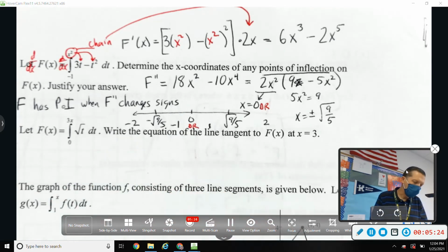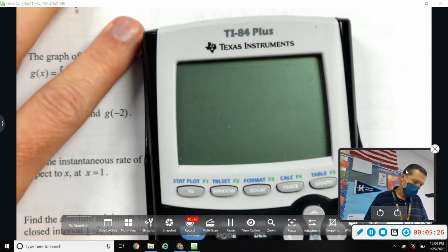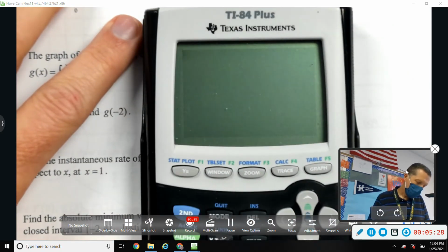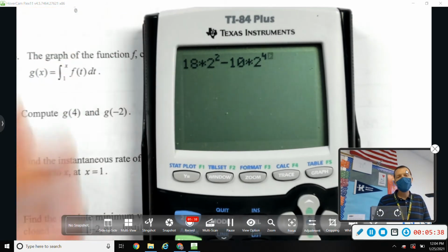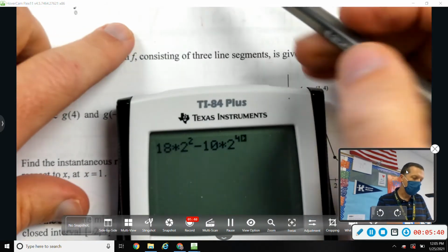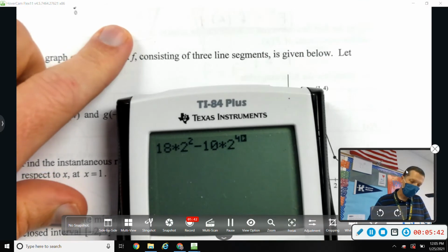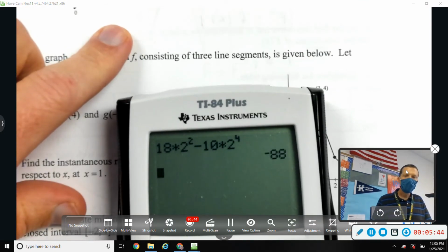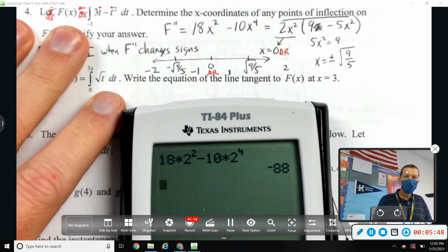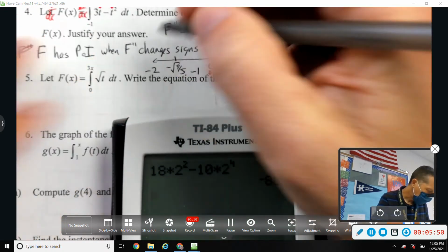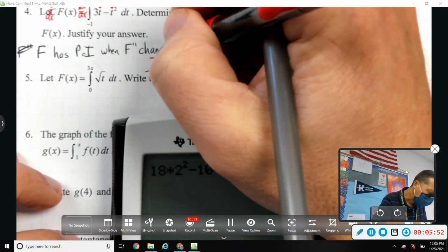Let's use a calculator to plug in -2 rather than mess this up. 18 times 2 squared minus 10 times 2 to the 4th. And maybe you recognize that -2 and +2 are going to give you the same answer because of the even powers. So they're both negative. F double prime is negative.